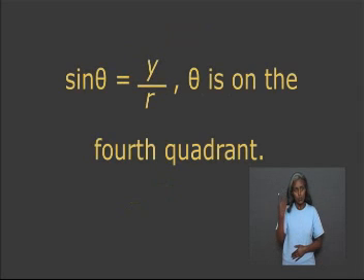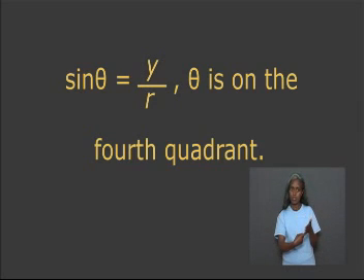We use our polar representation equation and enter our values. Sine theta equals y over r, since theta is in the 4th quadrant.